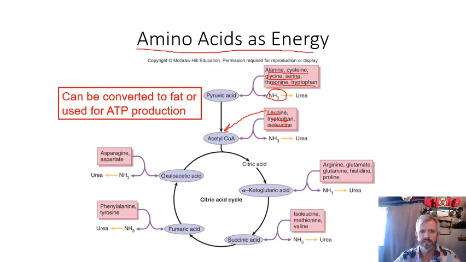Okay, the amino acids can be shunted to basically fat, right? Because acetyl-CoAs are building blocks for our fatty acids. So you can see this intertwinedness between these metabolic pathways. Okay, this is the key molecule though.